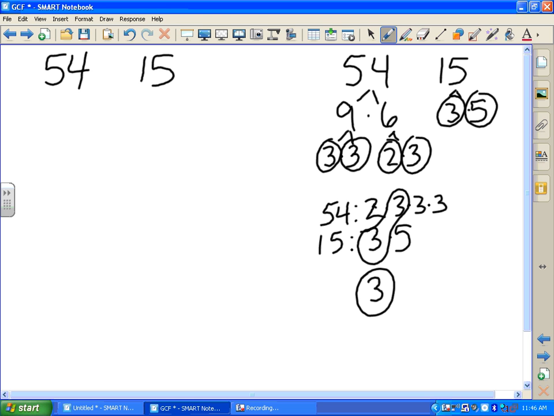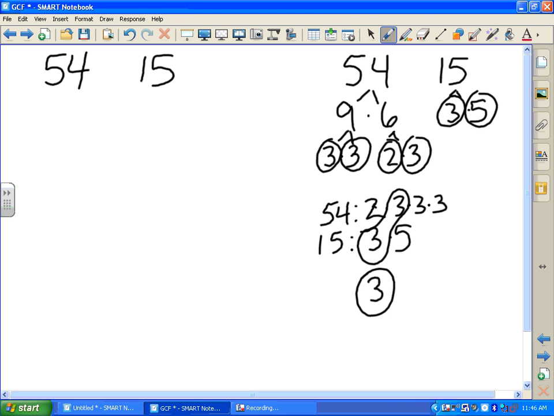Okay, so after you wrote 54 down, you should have had 2 times 3 times 3 times 3, and then 15 is 3 times 5. The only common factor is a 3 between those two numbers, and so the greatest common factor is 3.